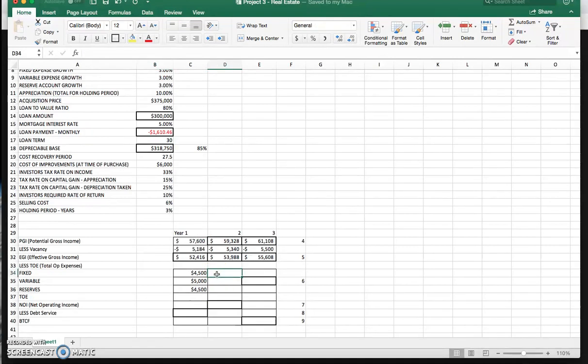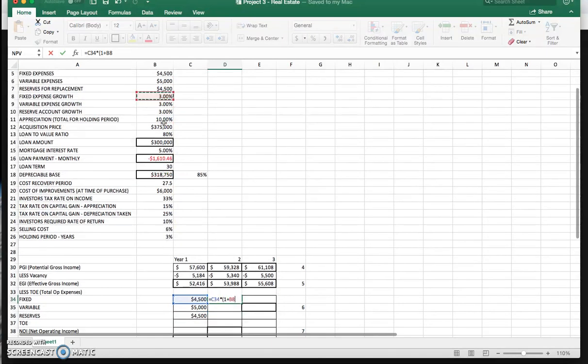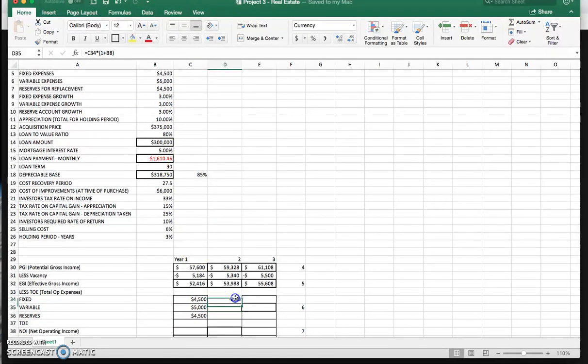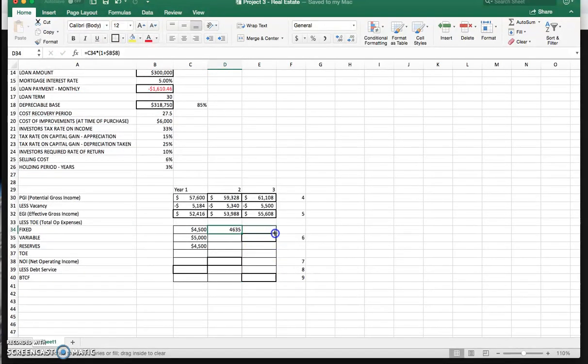For the second and third year for each of these, I'm just going to take this given value here and multiply it by 1 plus the growth rate, and same thing as before. If you make this absolute, you can drag it across. And then do the same thing for variable and reserves.